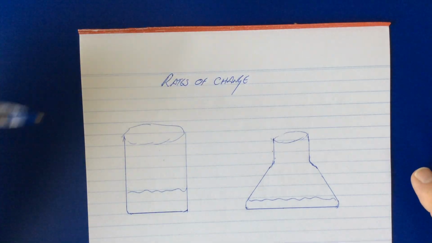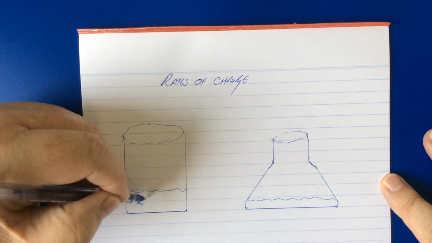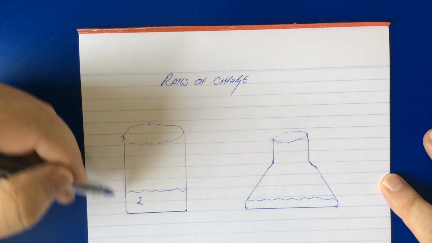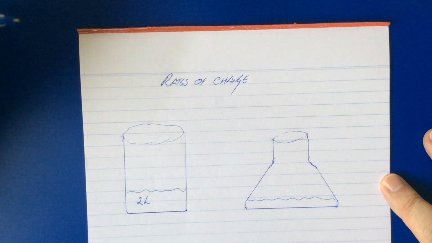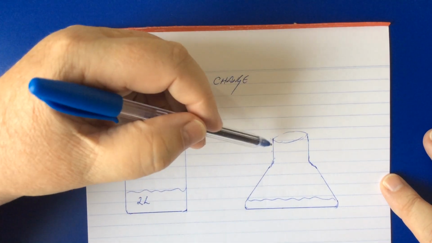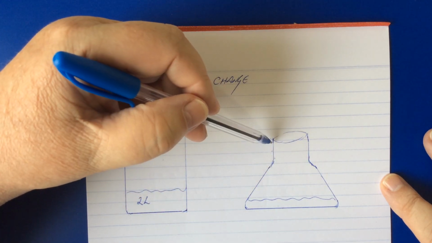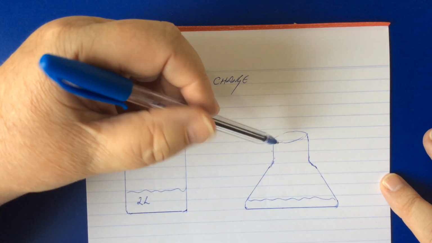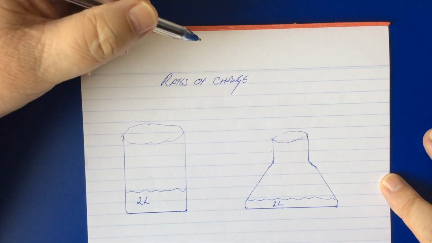Okay, so basic introduction. What we've got here is a container with straight sides and 2 litres of fluid in it. Here we have a container with sides that look like something that you might find in a chemistry lab, and it also has 2 litres of fluid in it.